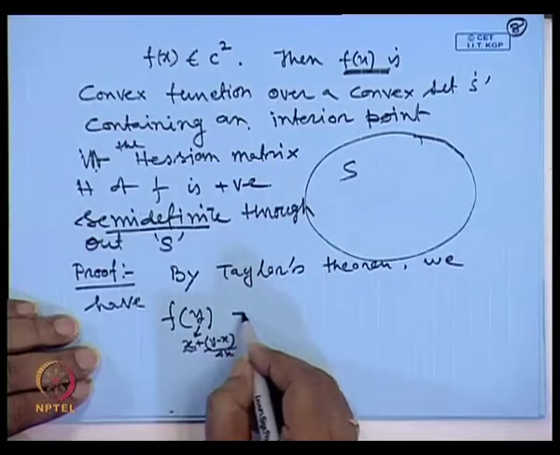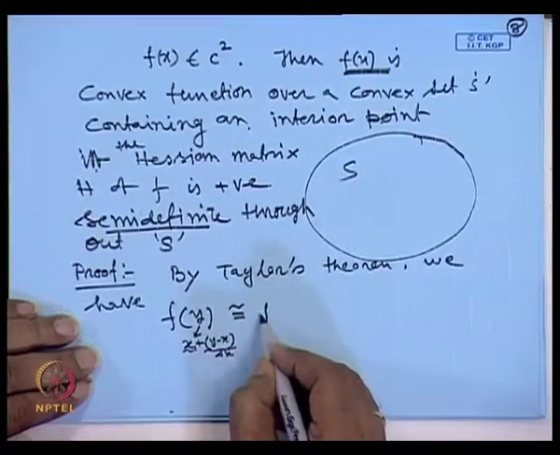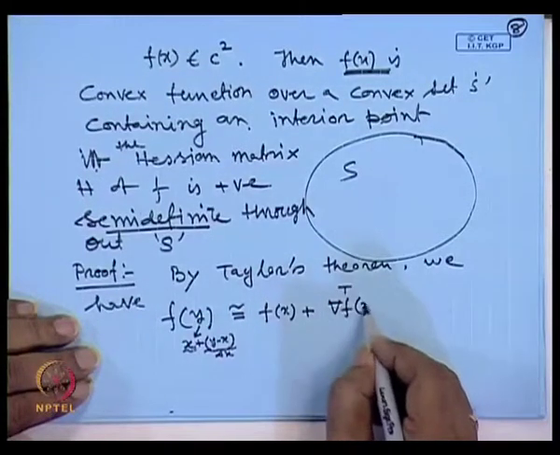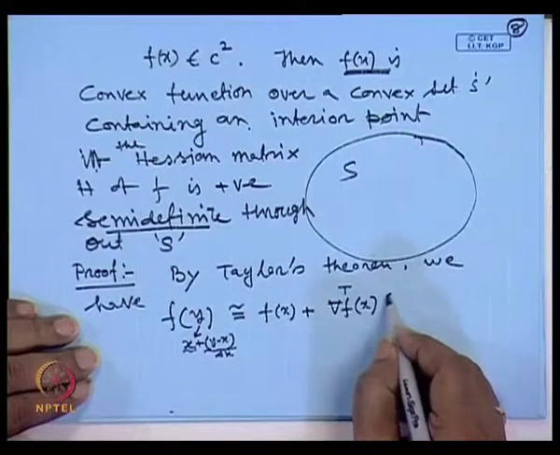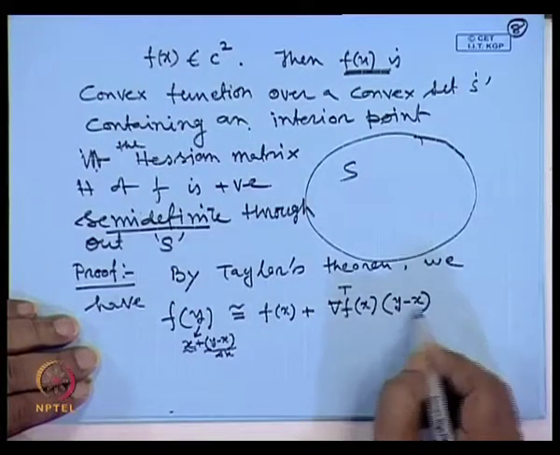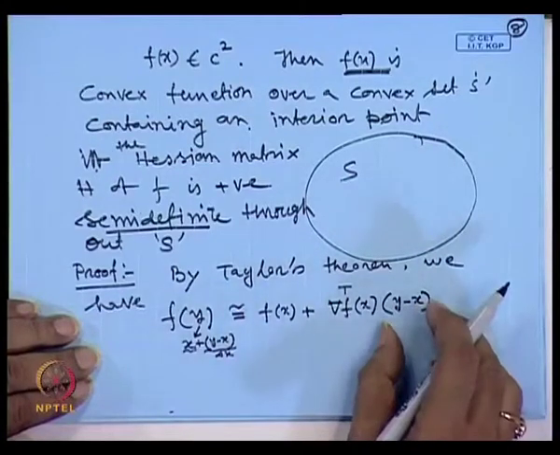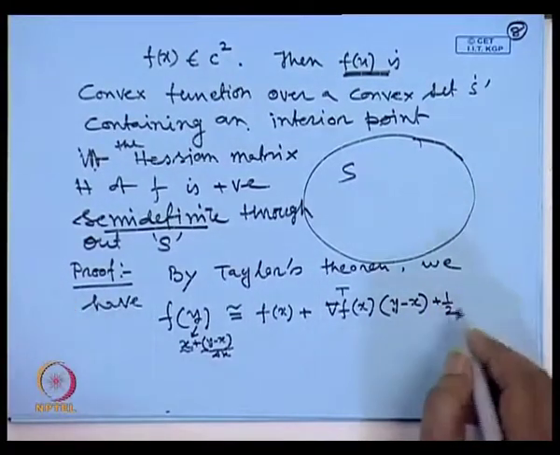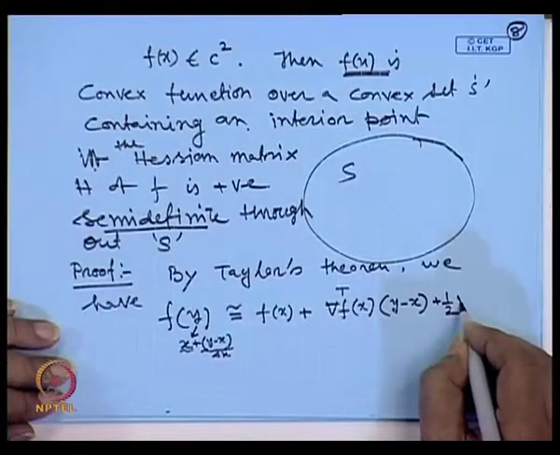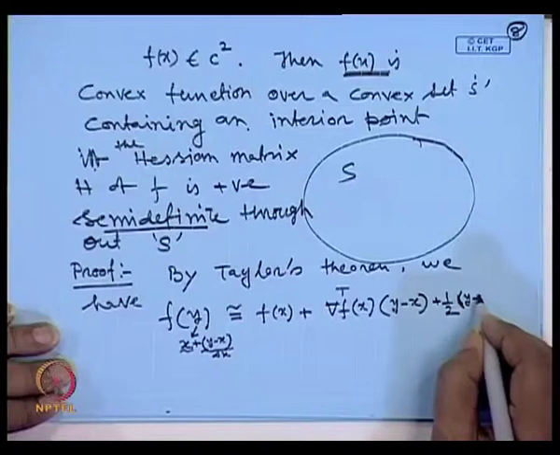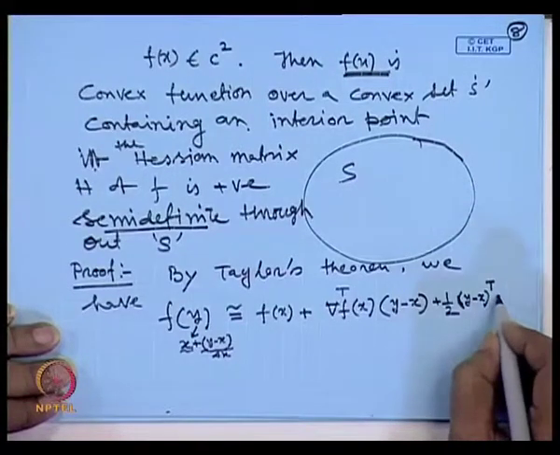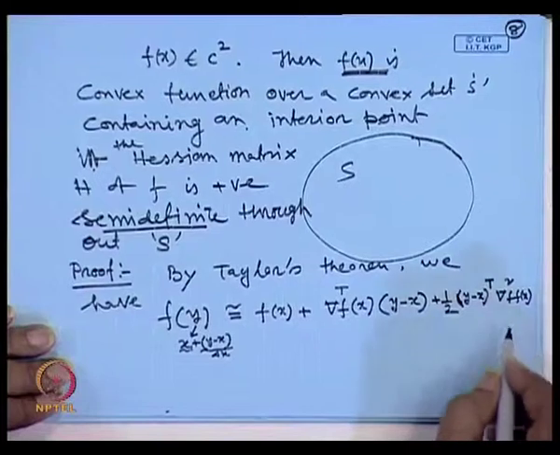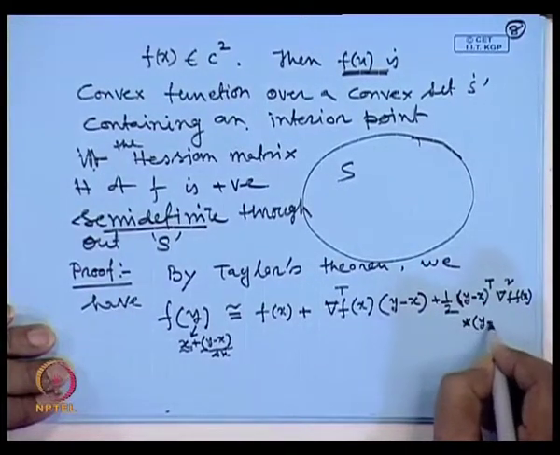By Taylor series expansion, I can write f of y nearly equal to f of x plus the gradient of f transpose at x, multiplied by the incremental change y minus x, plus the second order terms, half of y minus x transpose into the Hessian matrix of f of x, multiplied by y minus x.